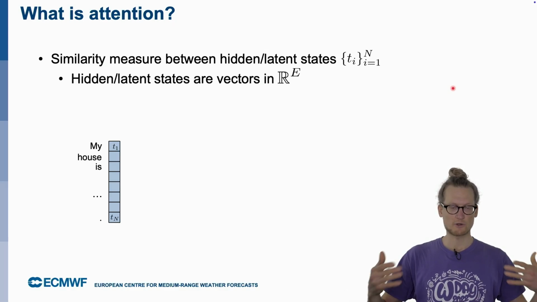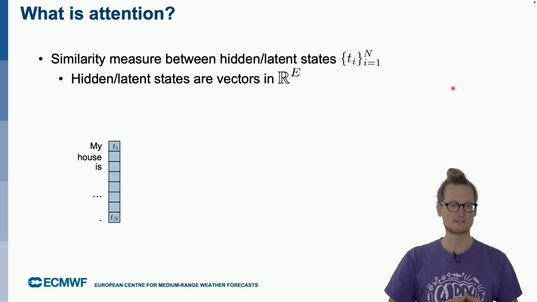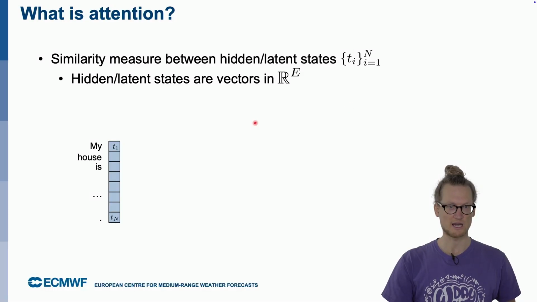First of all, the model is confronted with a time series, in this case a series of words, for example, "my house is...". The first step is that we encode all the individual words into so-called tokens.